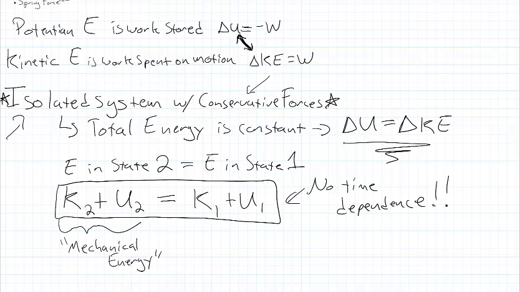We can still relate those things to each other as long as we have this isolated system with conservative forces. And that's actually a really powerful thing in solving all of our problems. You could go back and resolve all of the kinematics problems that you've done so far in this course, or many of them, using these mechanical or these energetic arguments, and then be able to completely take out the time variable as long as you know the distance traveled.